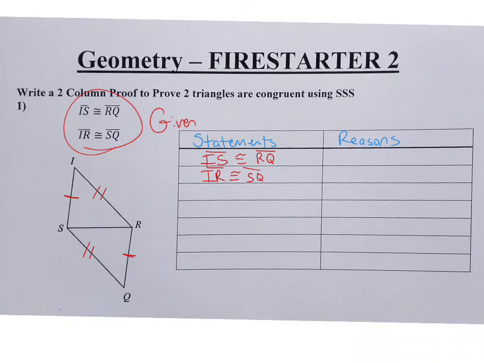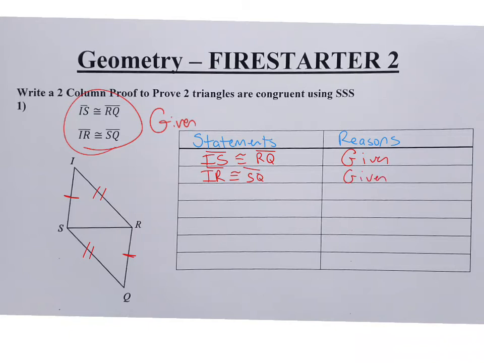If this figure wasn't here, the first thing I would do is draw a couple of triangles. I might not draw it like this, but I would draw at least 2 triangles and put these dashes in. Now, the reason for both of these is given because the original problem tells you. You don't have to think about it or argue about it. It's there.